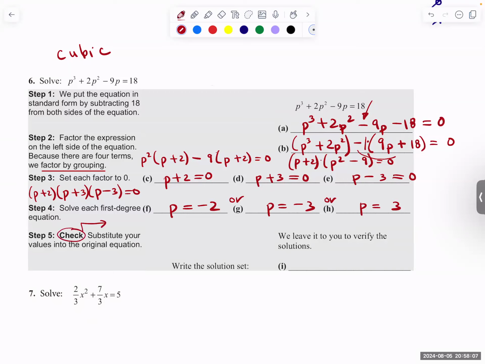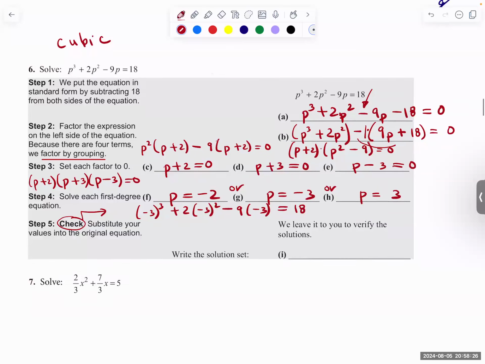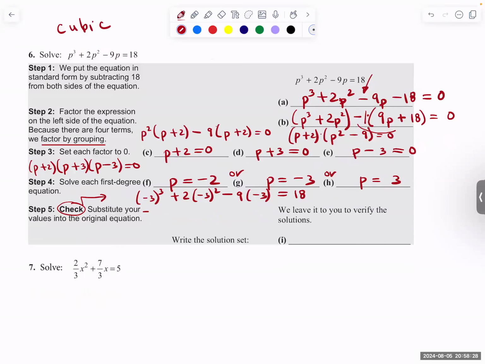So to check, let's check the negative 3. Let's substitute negative 3 into the original equation. So we have negative 3 cubed plus 2 times negative 3 squared minus 9 times negative 3. Does that equal 18? So negative 27 plus 2 times 9 plus 27.